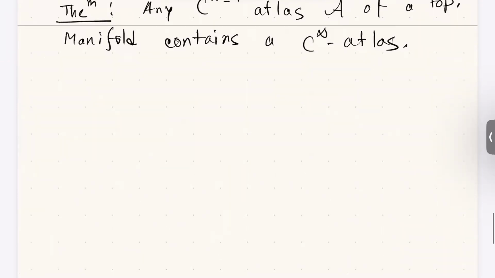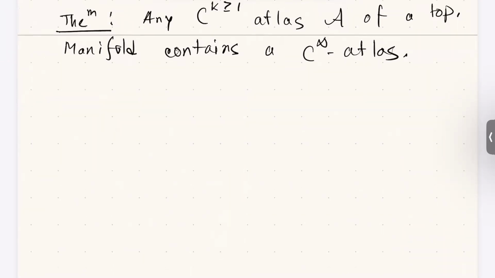To consider a diffeomorphism, I have to start with C infinity manifolds, right? So let's say M and N are C infinity manifolds.